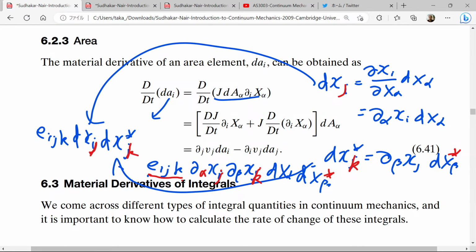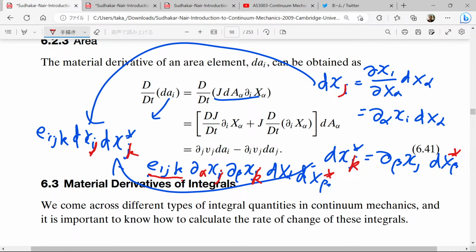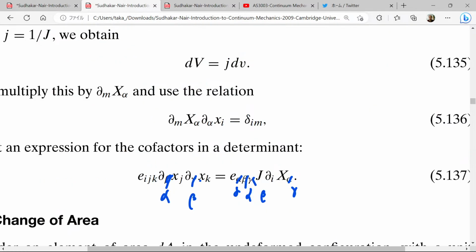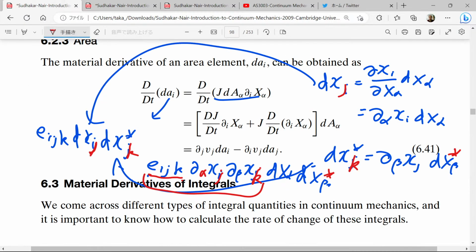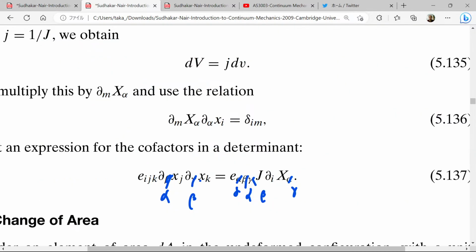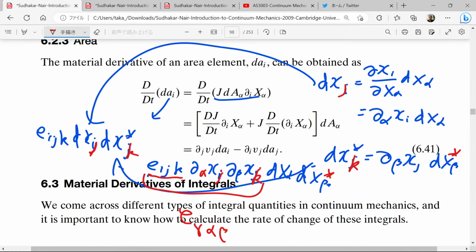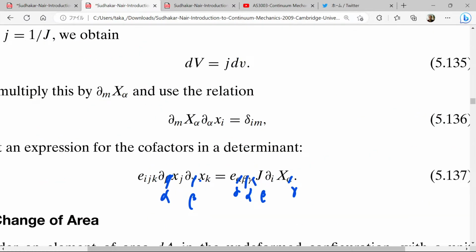Okay, so this whole thing now is epsilon gamma alpha beta j partial i x gamma.